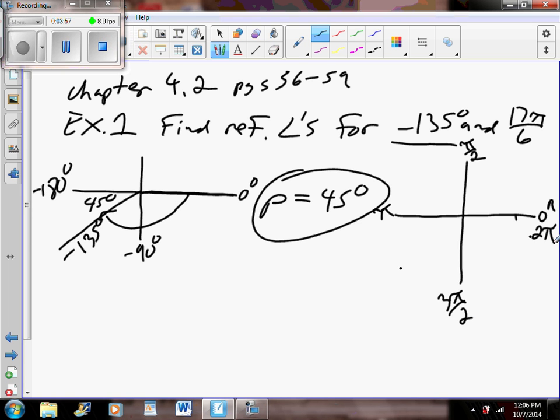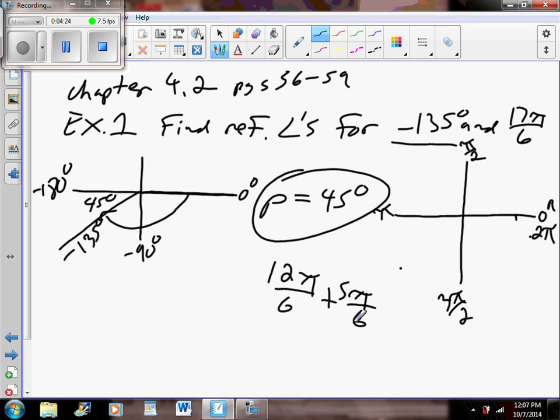So we've got 17 pi over 6. Where is that on the circle here? If I work my way around the origin, how many is there? I know that I can think of 17 pi over 6 as 12 pi over 6 plus 5 pi over 6, right?